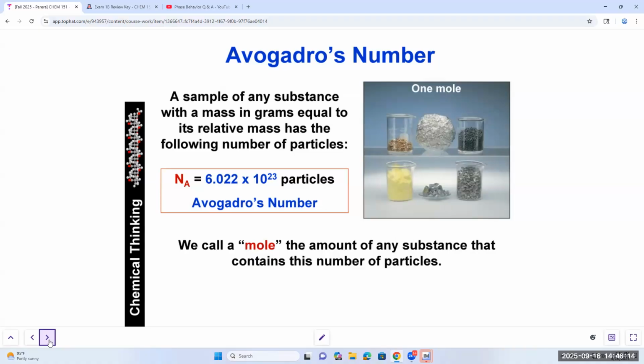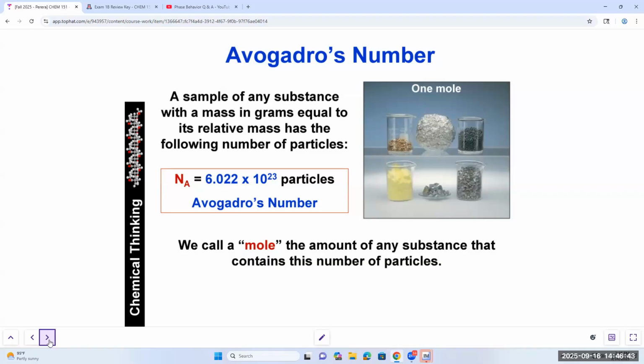And also, we know the gram amount of the relative mass contains 1 mole of particles. And that also has a special name. The mass of 1 mole is also known as, what do you think? Mass of 1 mole is known as? Anybody?